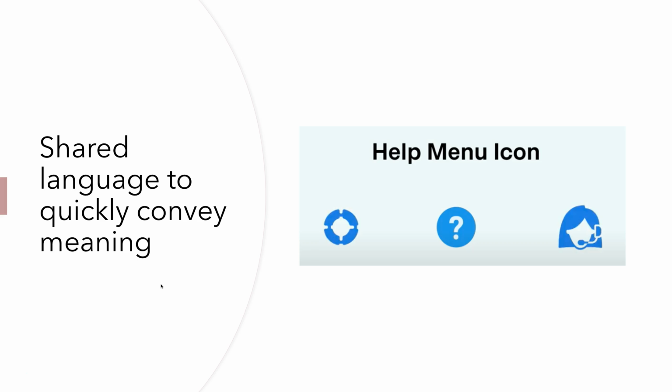So an example here is the help menu. So these icons are shared language that quickly convey meaning. The question mark is probably the most universal help icon menu, but other icons that might be used are the life preserver, or perhaps the person obviously ready to help you with chat.